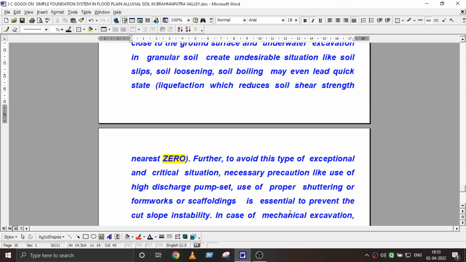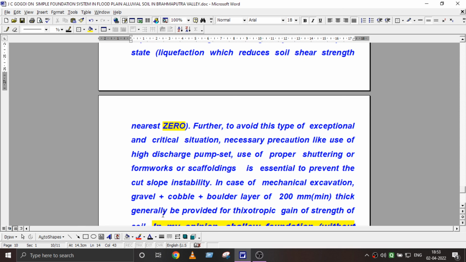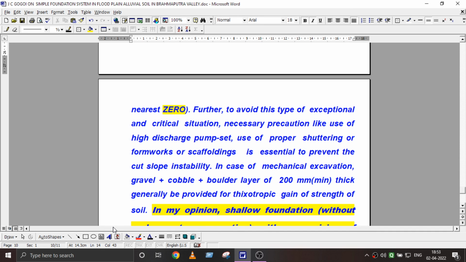In the case of mechanical excavation, a gravel cobble boulders layer of 200 mm minimum thickness should generally be provided for thixotropic gain of strength of soil.